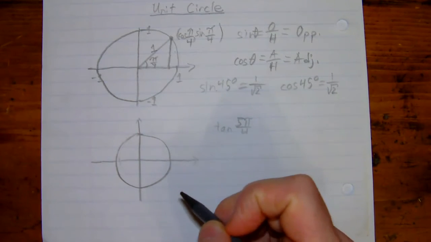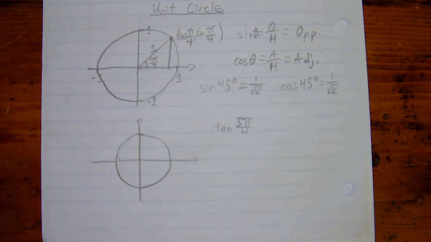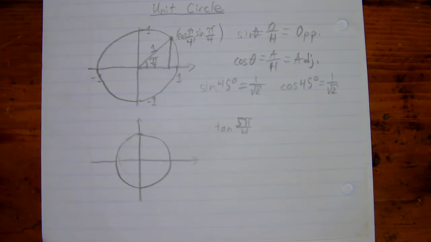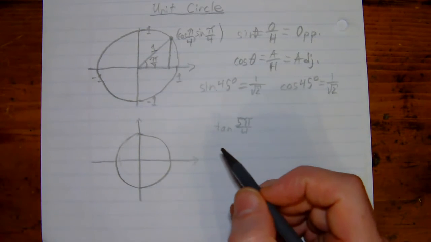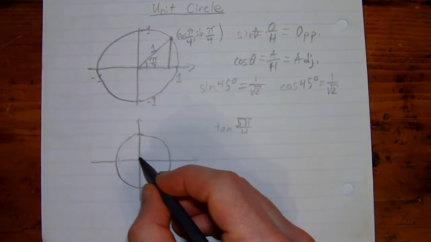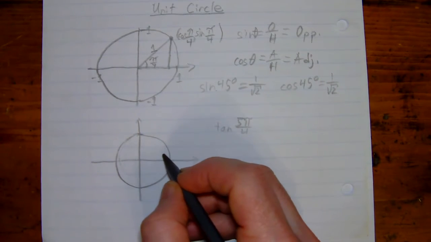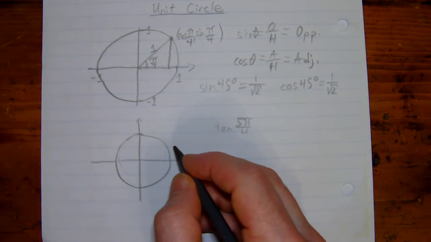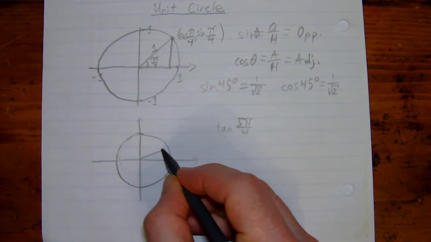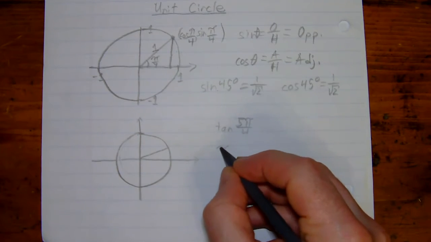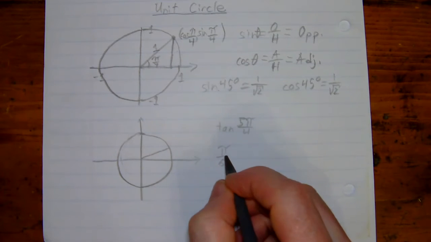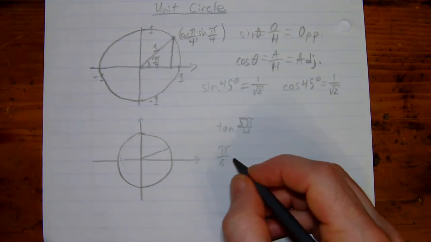The process I'd like you to go through in order to figure this out: I'm going to give you a document that has a unit circle on it, and I'd like you to try for each angle that is a multiple of pi by 6. Sorry, I should say pi by 6 or pi by 4 multiples.